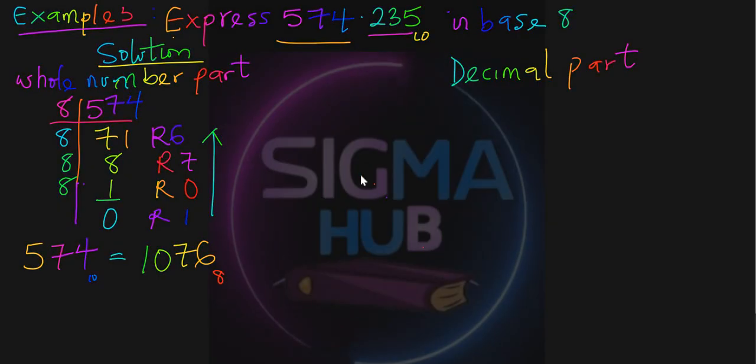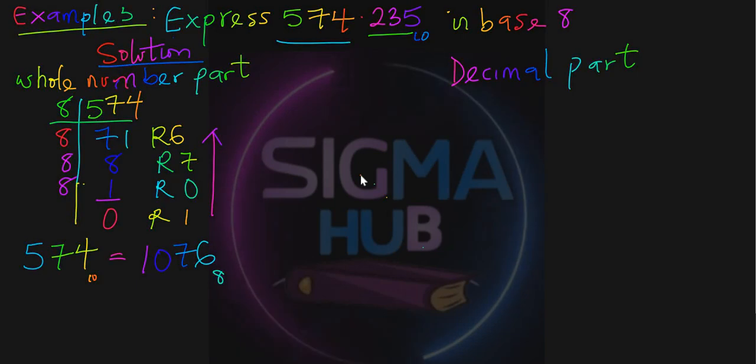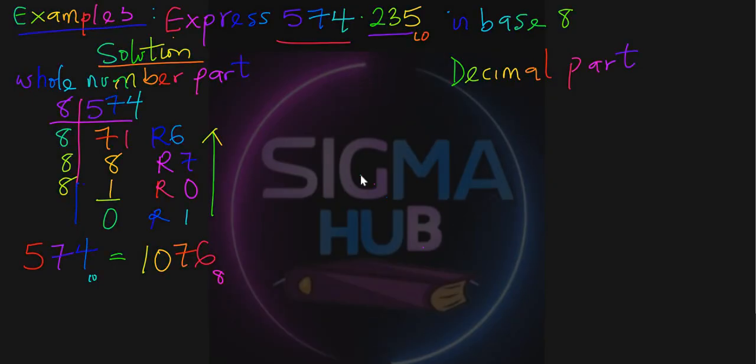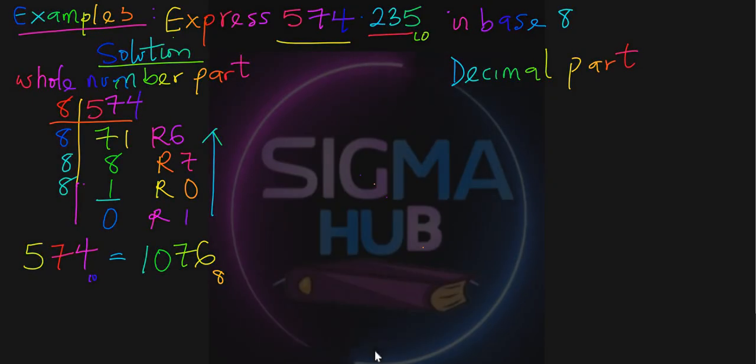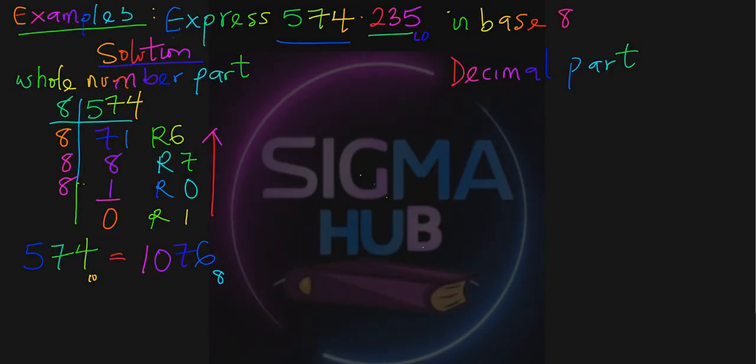But for the decimal part, we are going to be doing the complete opposite. That is, we are going to be multiplying by 8. But our multiplication is going to be tactical.